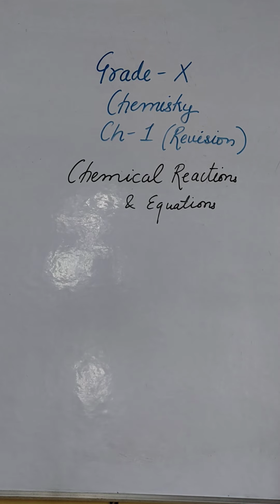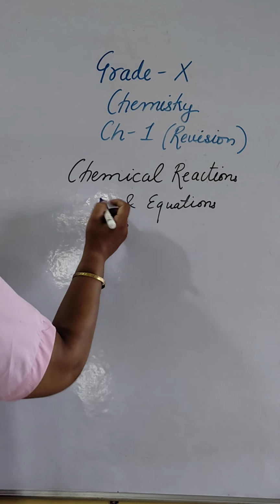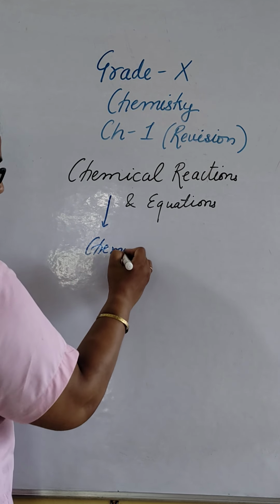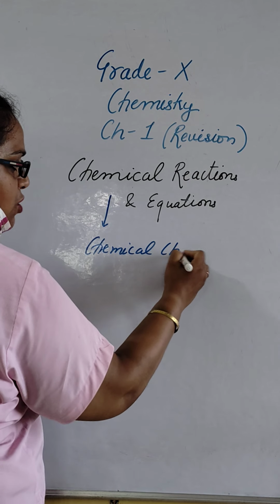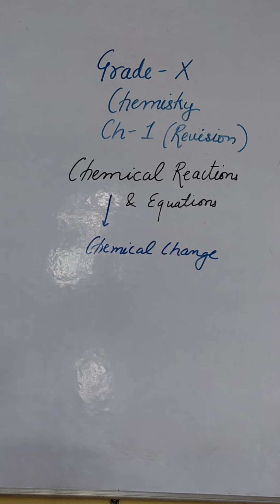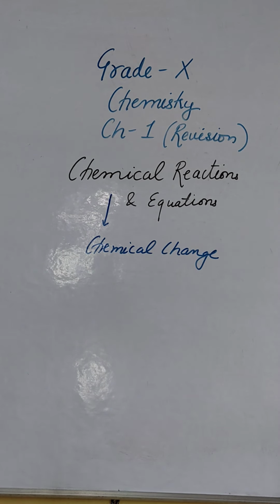A chemical reaction is a type of change that includes chemical change. It is a rearrangement of atoms.